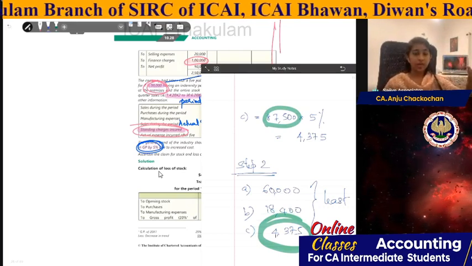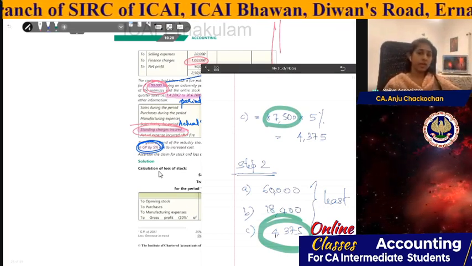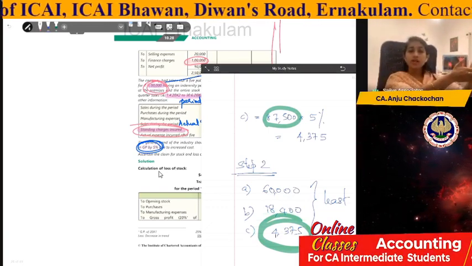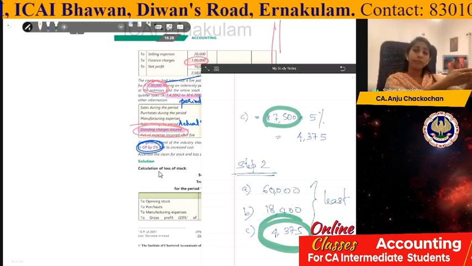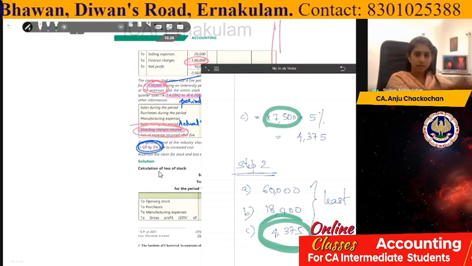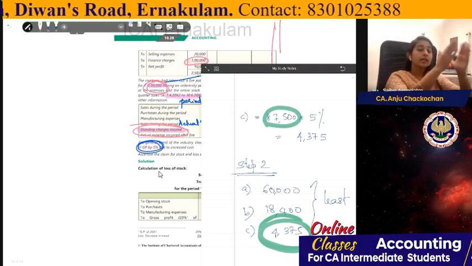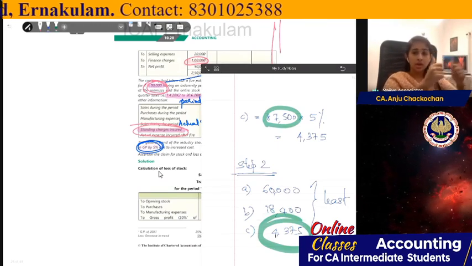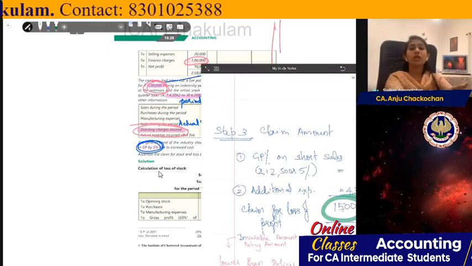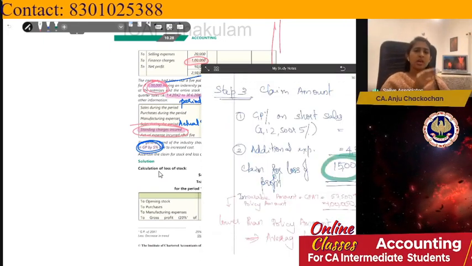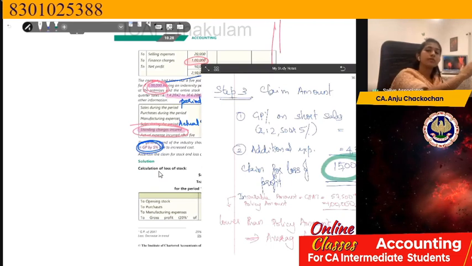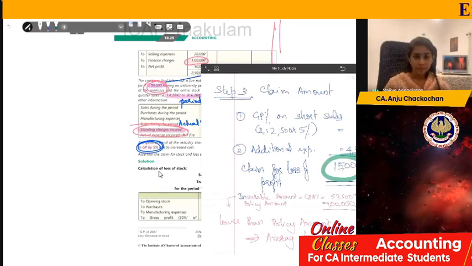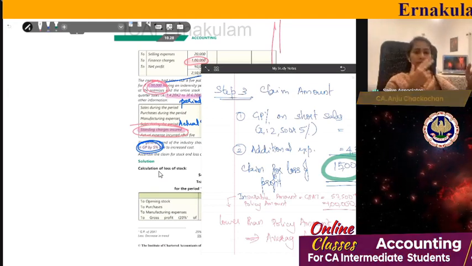If we assume that sales is evenly spread throughout the year, the first 3 months previous year turnover will be 2,50,000. That is not the correct assumption, because clearly it is given in the question that there is a 15% increase, and also in the current year the first 3 months turnover is 2,50,000. So definitely the previous year's first 3 months turnover cannot be 2,50,000. So we had to apply a reverse calculation.